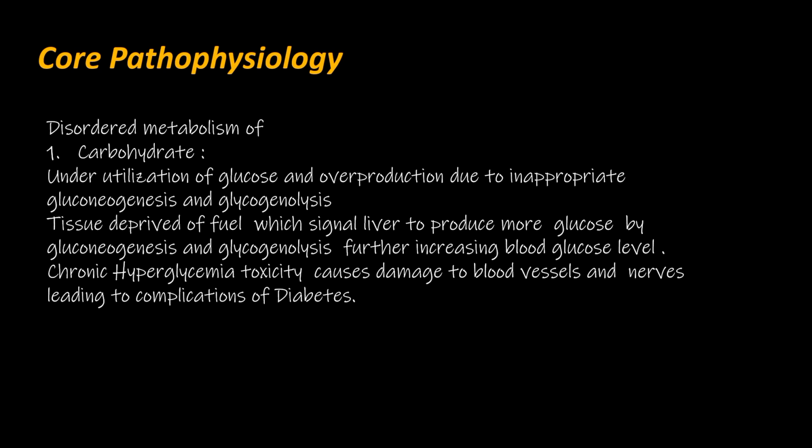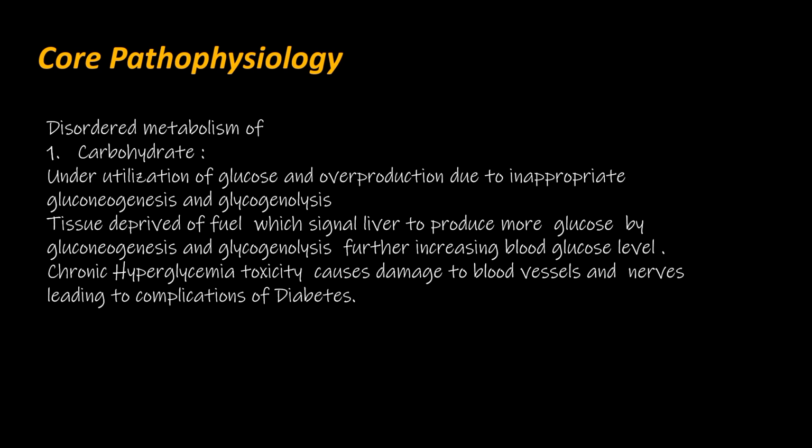We know that insulin is required for the inhibition of gluconeogenesis in the liver, and insulin is responsible for storing excessive glucose by converting it into glycogen by the process of glycogenesis. But in the absence of insulin, there's constant gluconeogenesis in the liver and in the kidney, and there's glycogenolysis, which leads to further increase in blood glucose level.